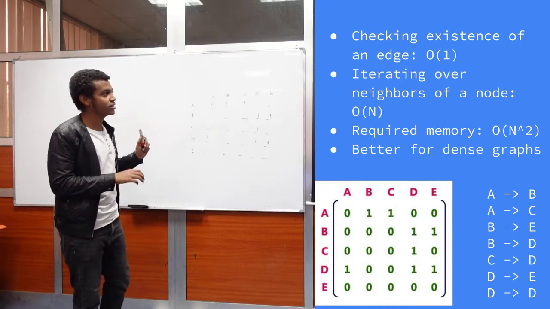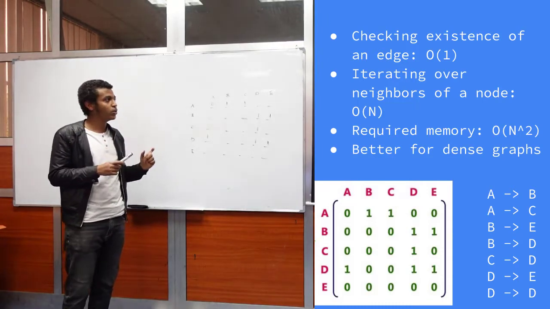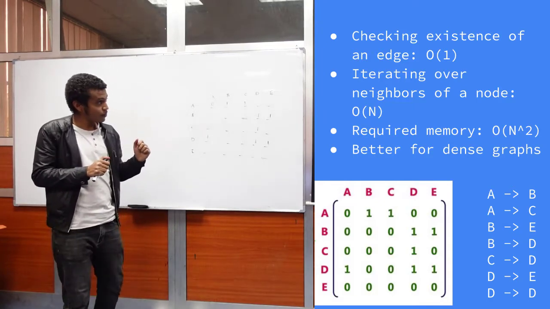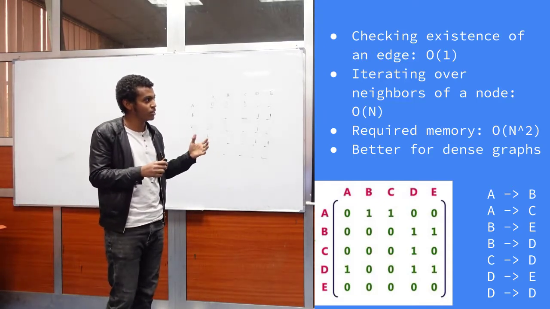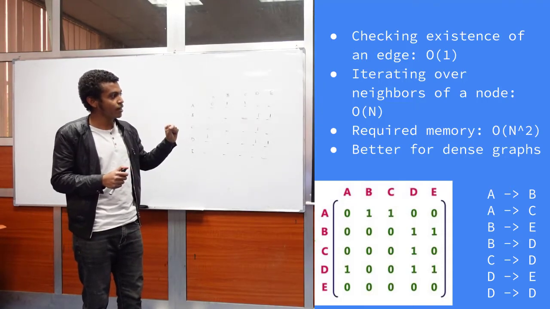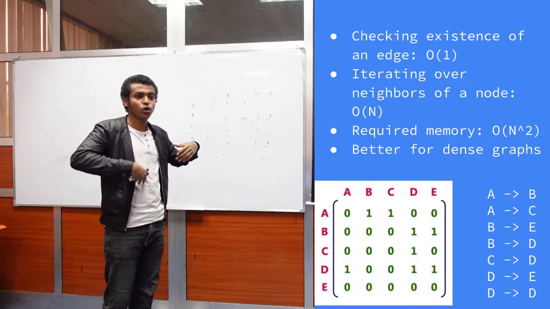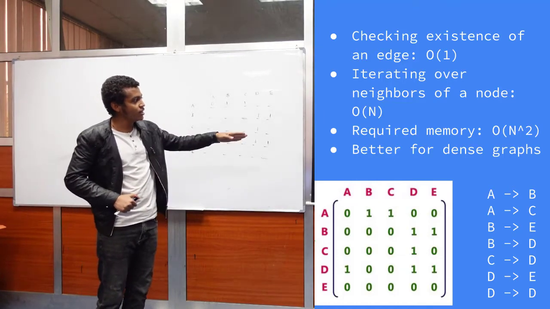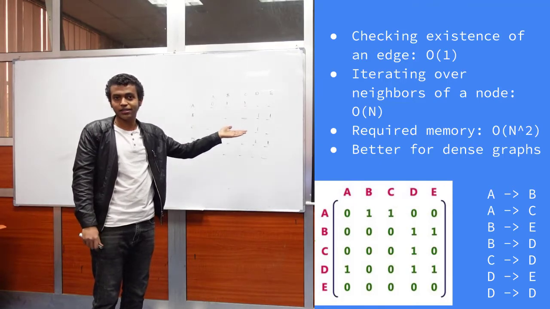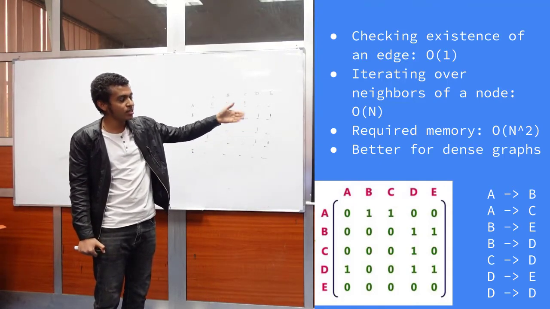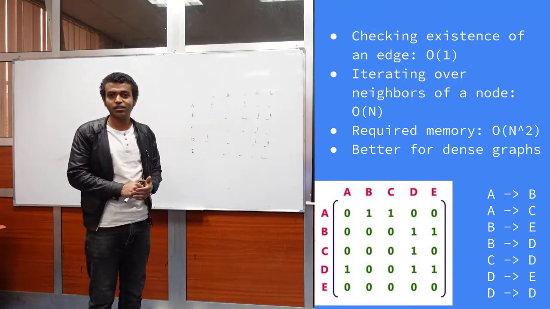The other graph operation that we do is iterating over the neighbors of a node. What neighbors means to a vertex is the vertices that are connected with an edge to it. For example, C and B are neighbors to A, E is a neighbor to B, and D is a neighbor to B. Is that clear?